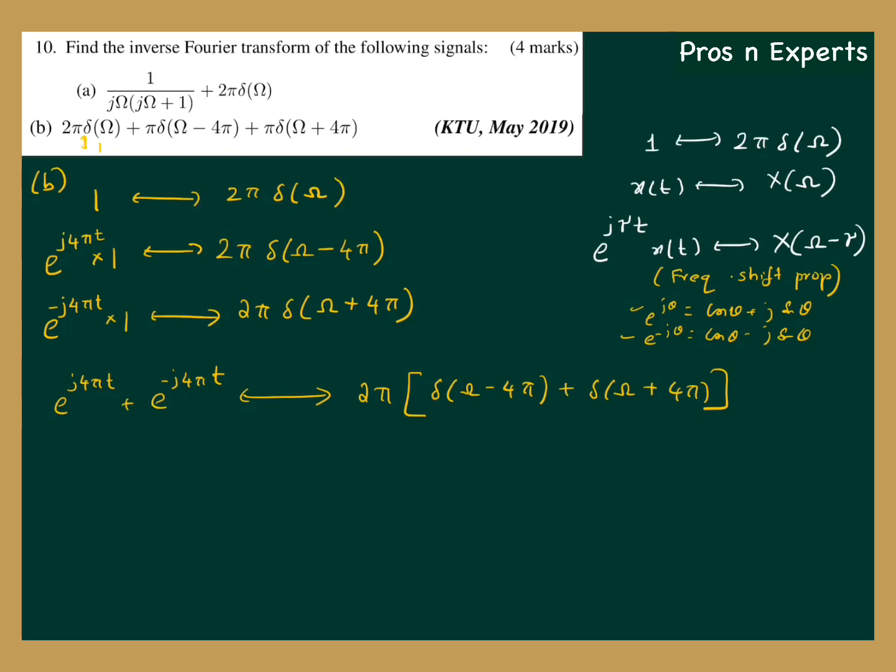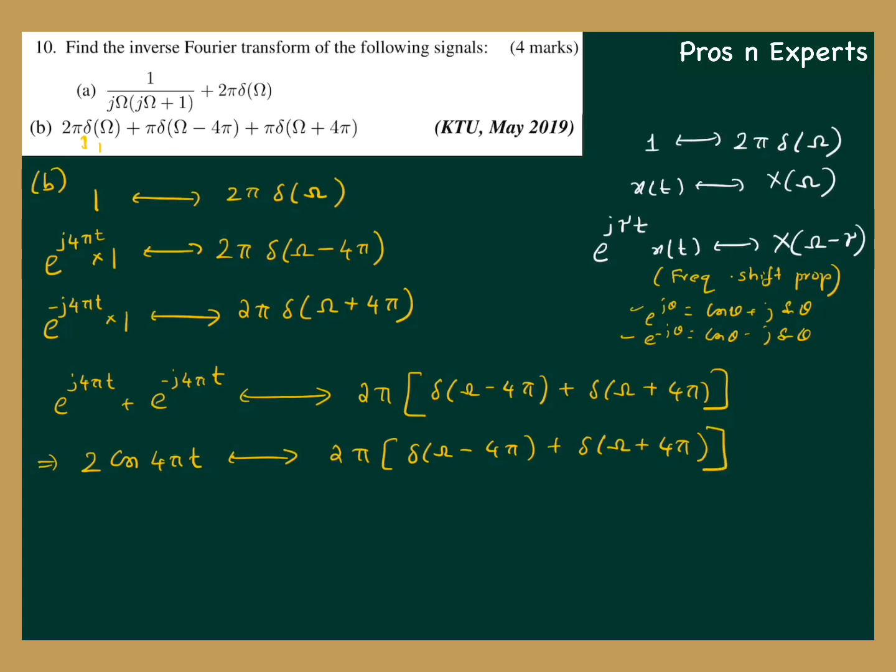So our LHS is nothing but 2 cos 4 pi t, right? And so 2 cos 4 pi t will be having a Fourier transform of 2 pi del of omega minus 4 pi plus del of omega plus 4 pi.